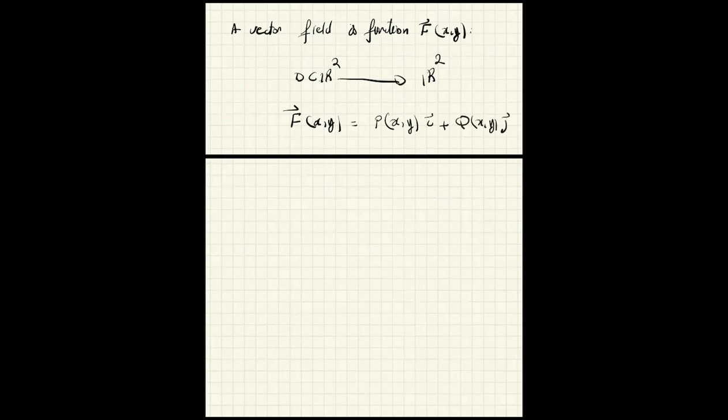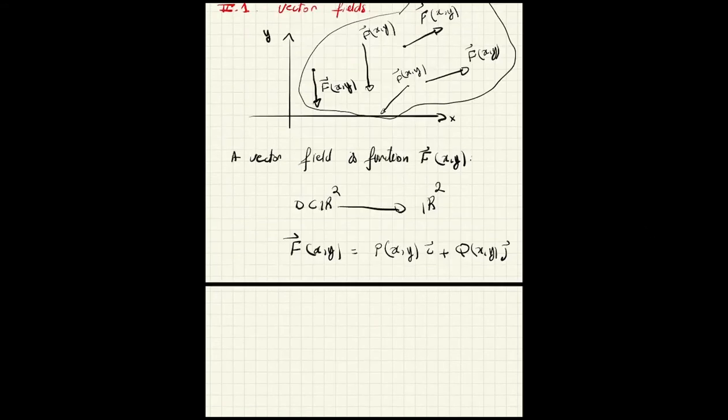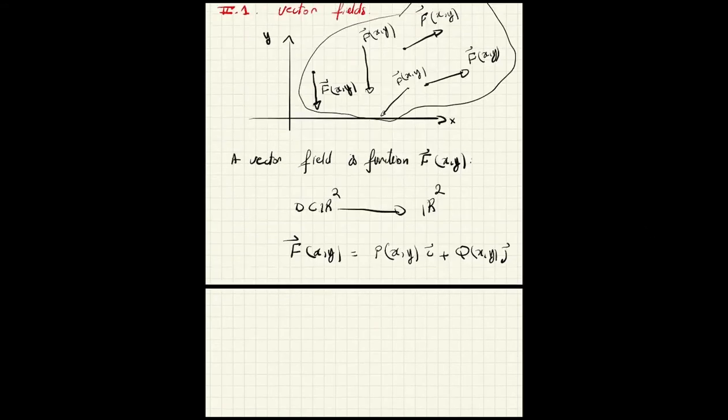Because at each point you will have an x component and a y component, and this component will depend on where you are, and this other component will also depend on where you are, and this dependence is not necessarily the same.